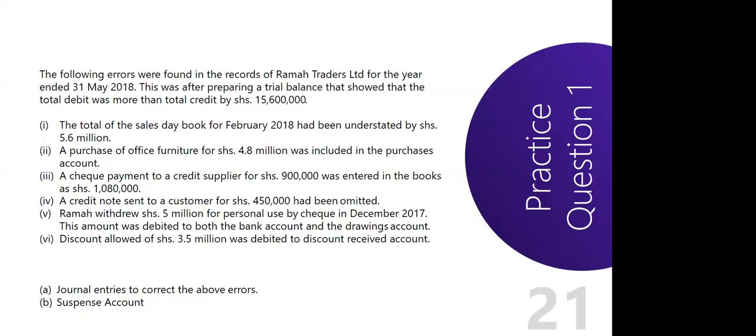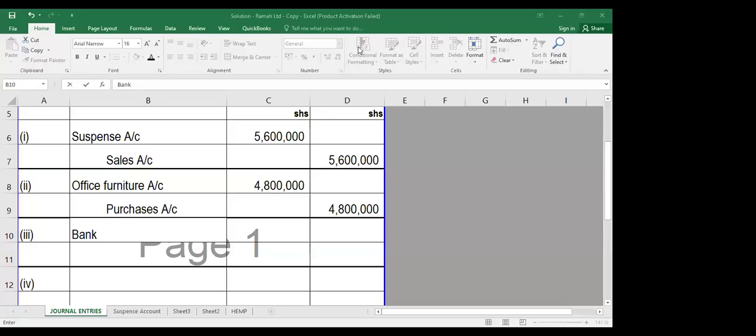So now we need to correct these errors and make sure that our trial balance is well balanced. So we only deal with the errors, Mading. That's why we are not posting the original amount. If you post the original amount, you're going to just worsen the situation. So you correct the error and make sure that you try to balance off these sides, the credit and the debit side of your trial balance.